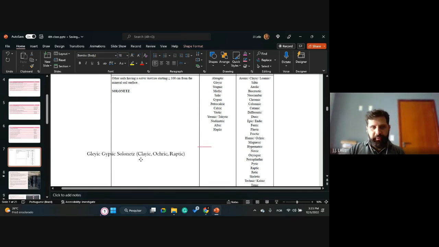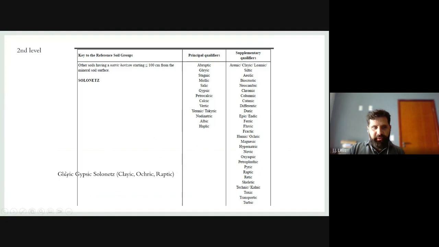So the name of the soil is this. It is a clayic gypsic solonetz (clayic, ochric, raptic).